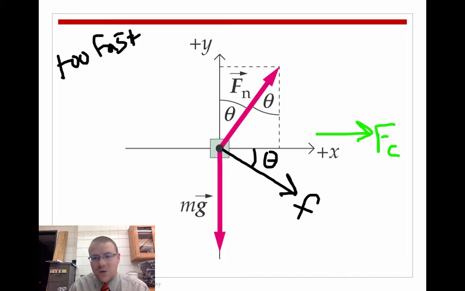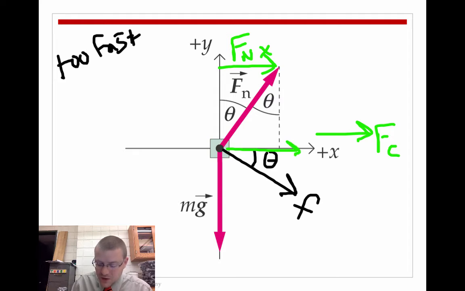So we can set any forces in the x direction equal to mv squared over r, which we again see as our normal in the x, and now there's a piece of friction in the x. When you start writing your equations, normal in the x and friction in the x will equal mv squared over r.